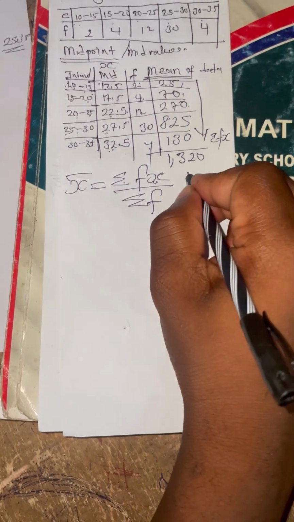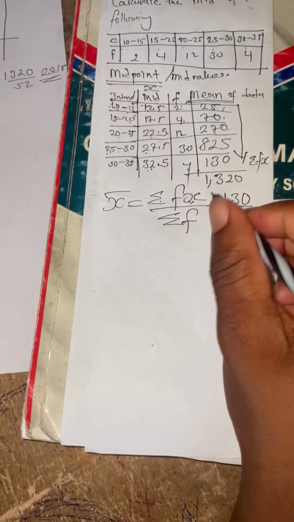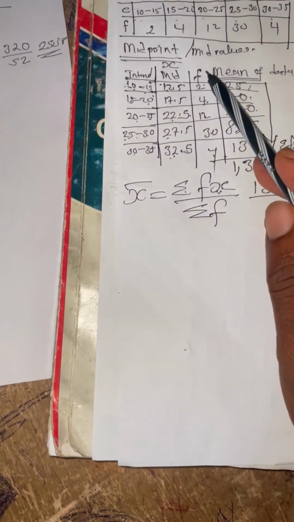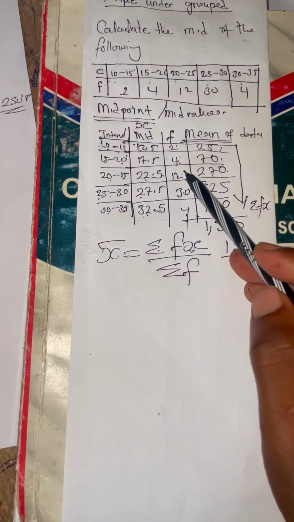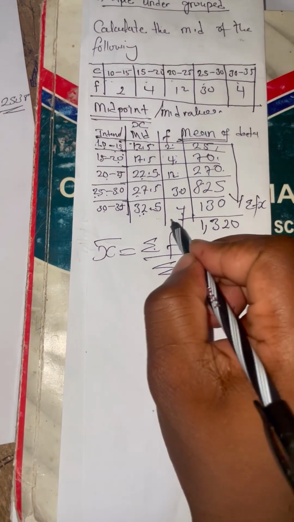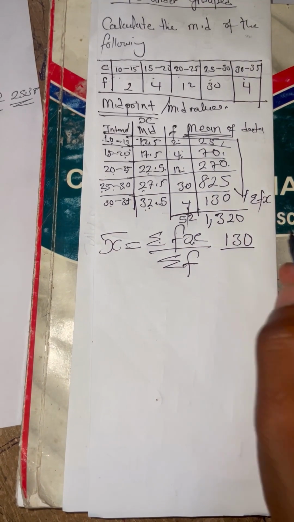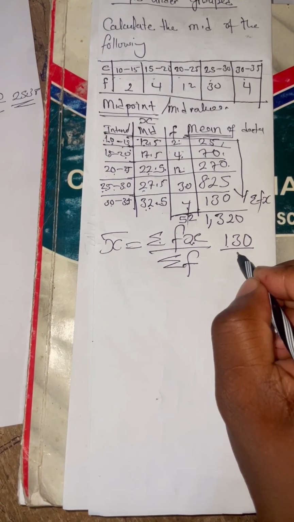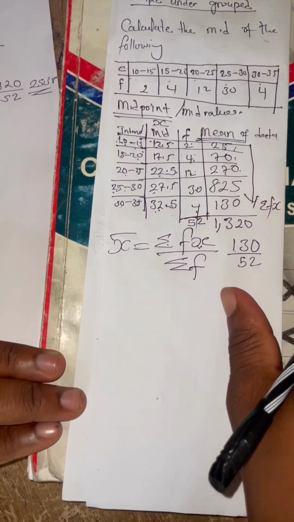So that 1320 is your sigma fx, and your sigma f is when you add all of this. So when you add this 2 plus 4 plus 12 plus 30 plus 4, you are going to have what we call 52. You understand? Now 1320 divided by 52.